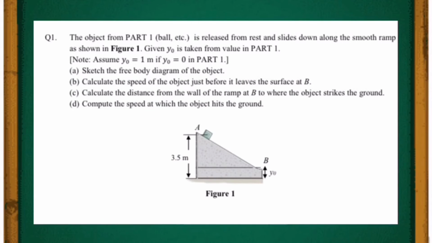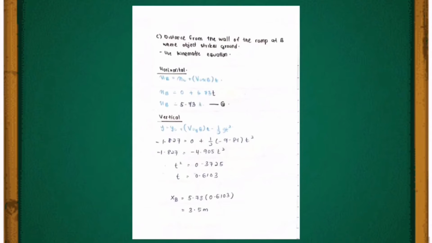In question 1C, we need to calculate the distance from the wall of the ramp at B to where the object strikes the ground. Here we need to calculate in two parts, horizontal and vertical.